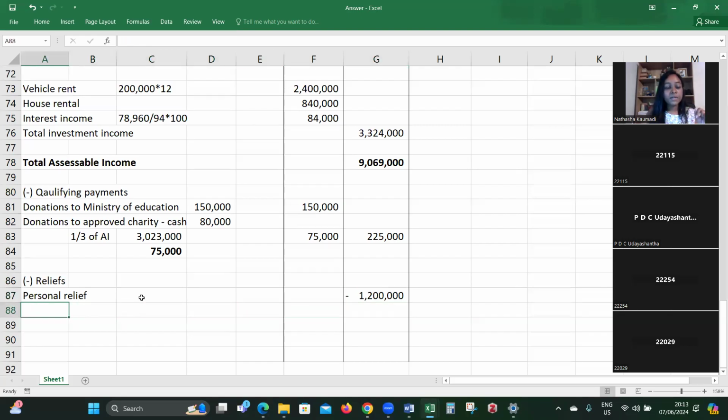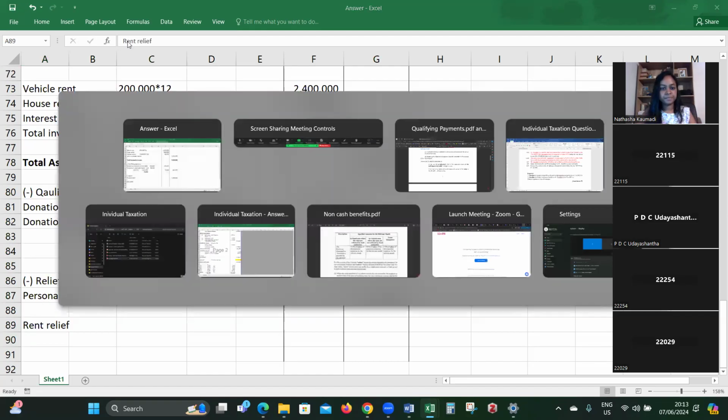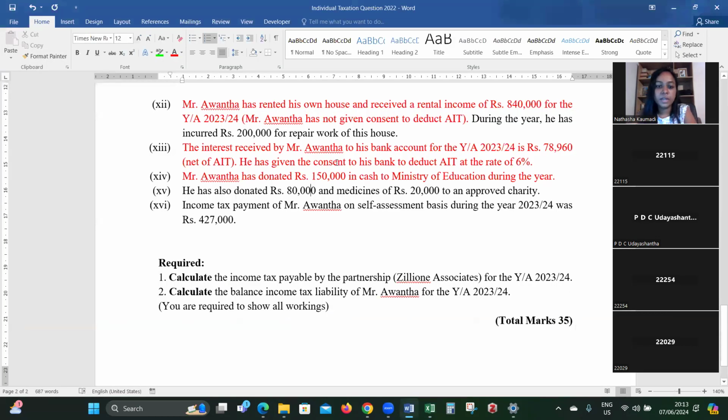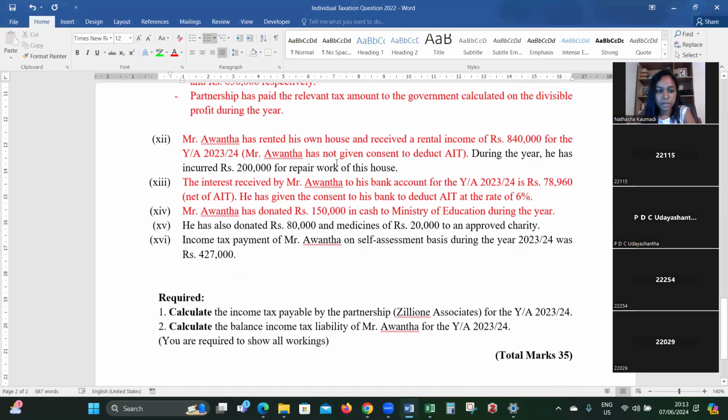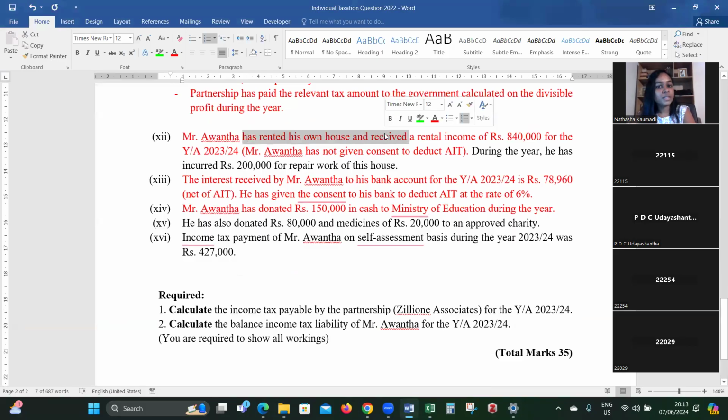And then what? We have another relief here. What is that? Rental relief, rent relief. Now, I'll go to that point. In this question, you have this house rental, right?